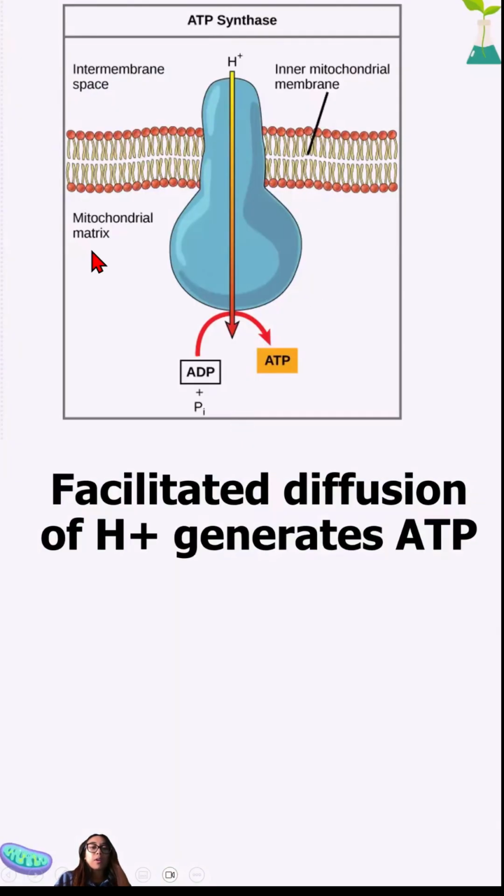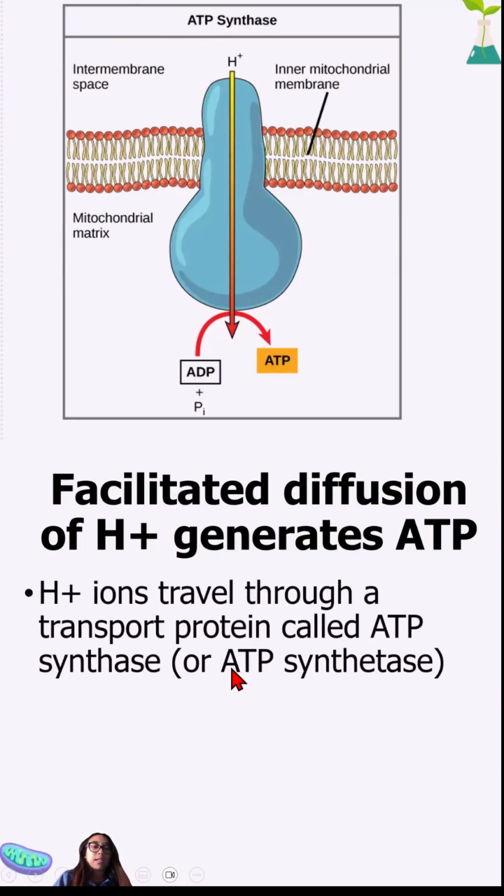Okay, so now that we've got all of these hydrogens pushed to one side, they're going to want to go back down their concentration gradient and go into the matrix. So all of the hydrogens are up here. They want to go down here. And they're going to go through this protein called ATP synthase, also known as ATP synthetase. They're basically the same name, but the hydrogen ions are going to go through this transport protein into the mitochondrial matrix.